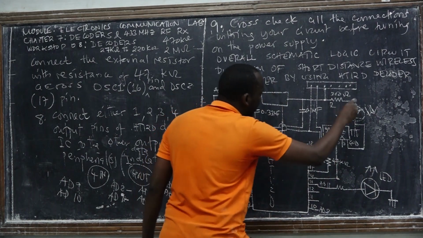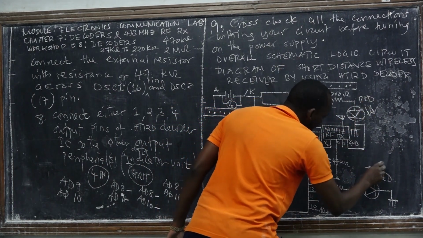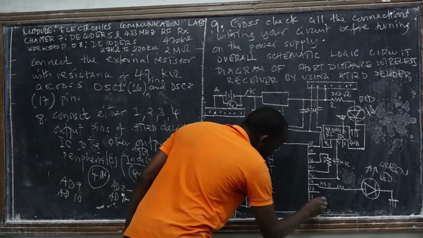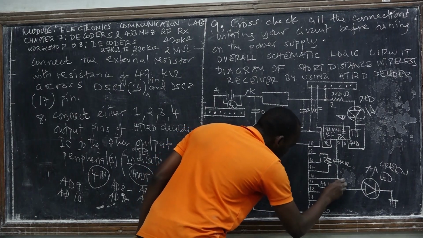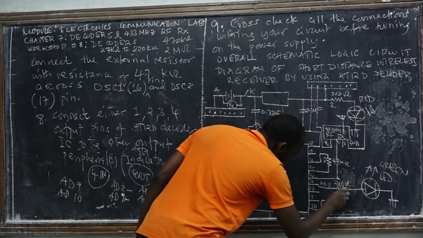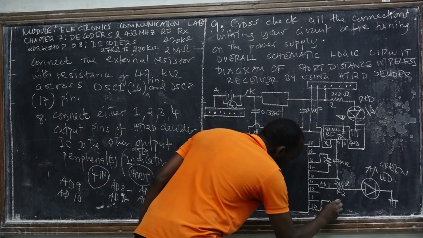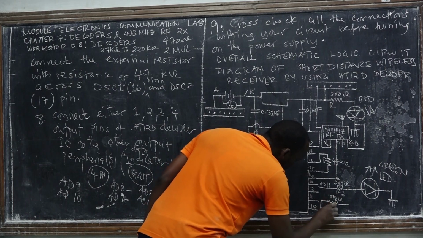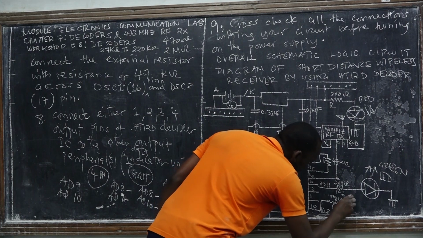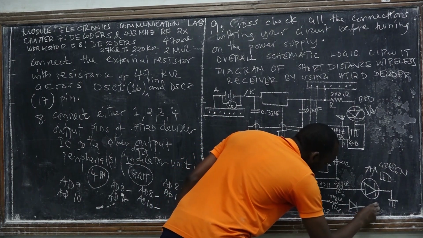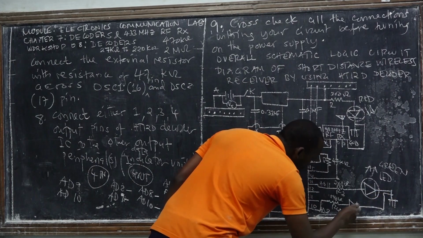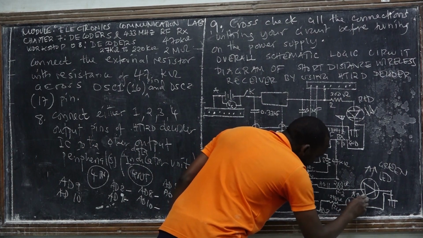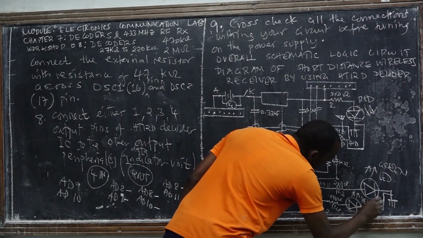So let's say you can have 2 different colors: this is green. Here is a 200 ohm resistor, this is R3. Then here we have another resistor of 240 ohm, this is R4, and here we have a light emitting diode connected to ground. This is, let's say, the yellow LED.